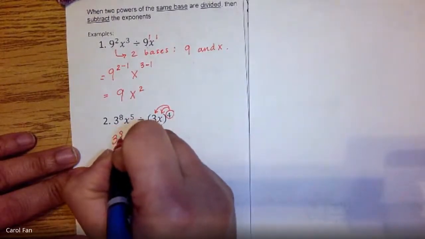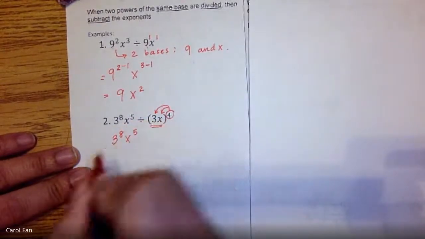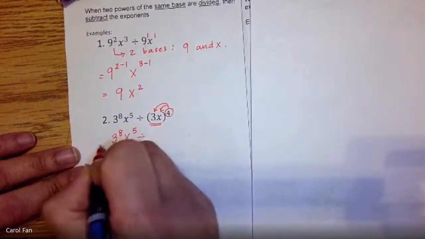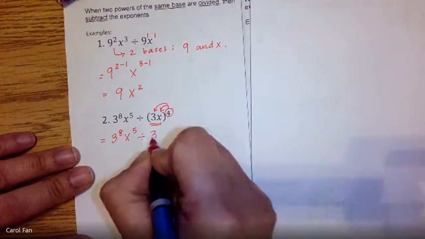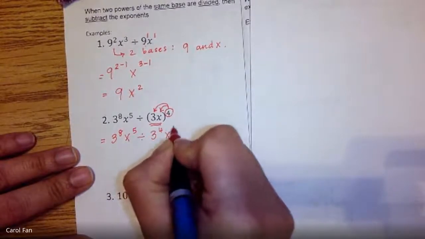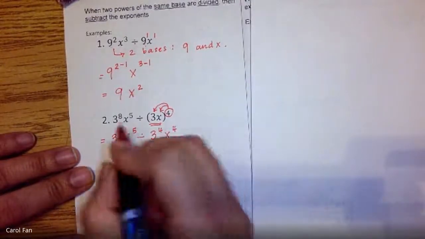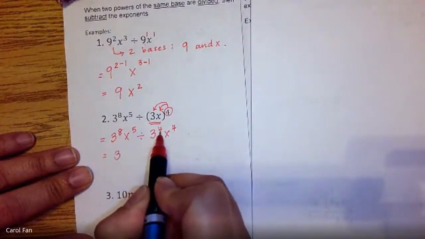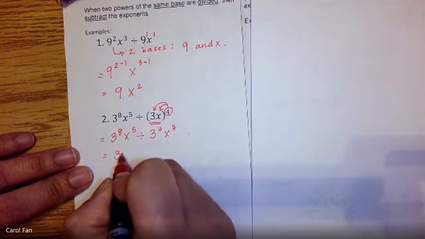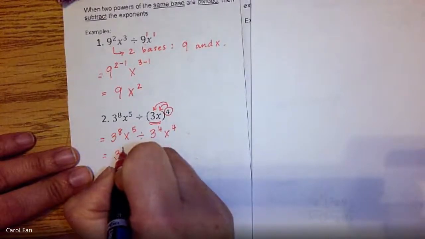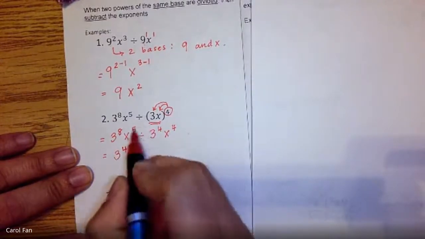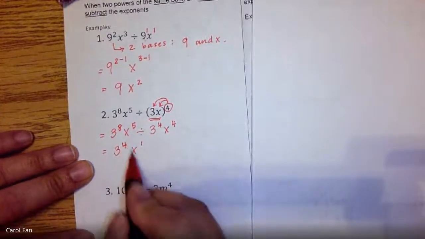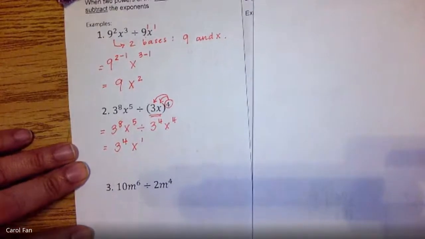So when we rewrite the question, I have 3 to the power of 8, x to the power of 5, divided by 3 to the power of 4, x to the power of 4. Now let's simplify. I have 8 take away 4 for our first exponent, and then we have 5 take away 4. 3 to the power of 4, x.